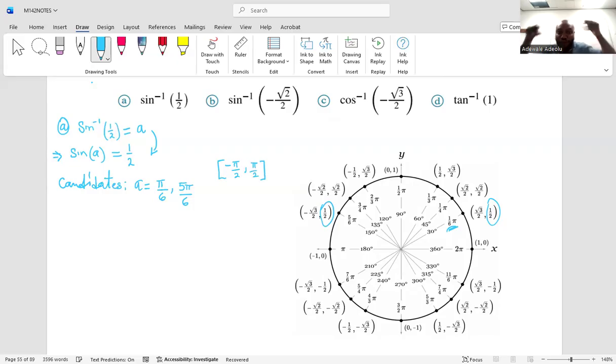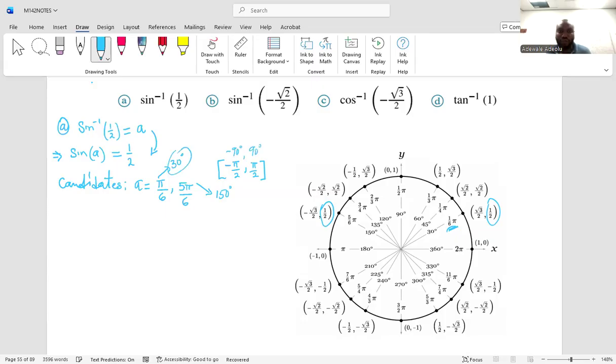So we are looking for angles that reside in this restricted domain. Now, this is 30 degrees. This is 150 degrees. I've told you a smart way to do that. Pi over 6 is 30. 30 times 5, 150. However, here is negative 90. Here is 90.